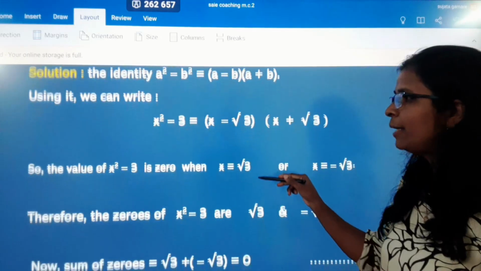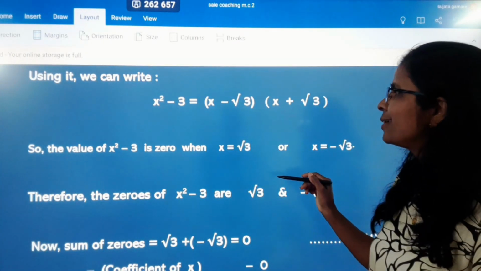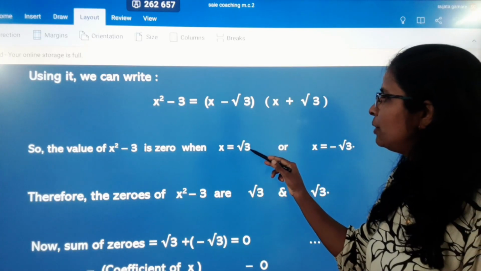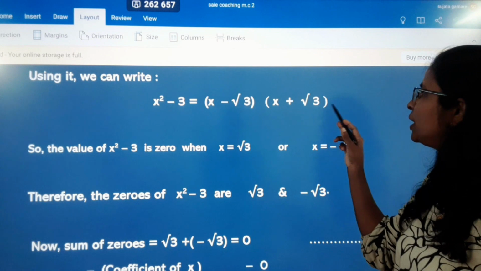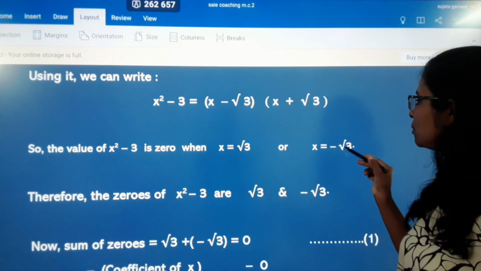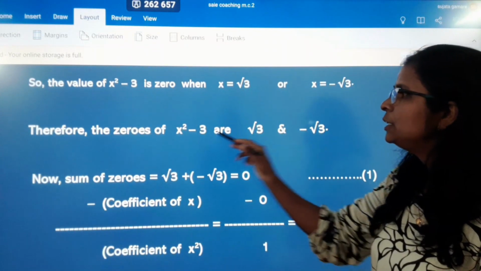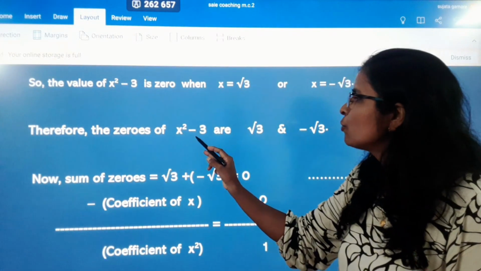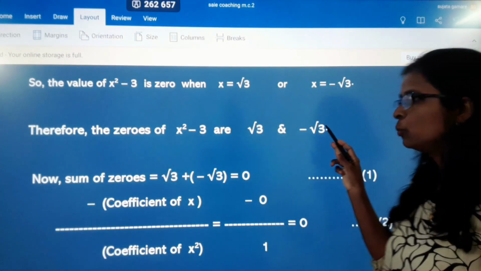Then the value of x square minus 3 is 0 when x minus root 3 is equal to 0, then we get x is equal to root 3, and x plus root 3 is equal to 0, then we get x is equal to minus root 3. Therefore the zeros of x square minus 3 are root 3 and minus root 3.